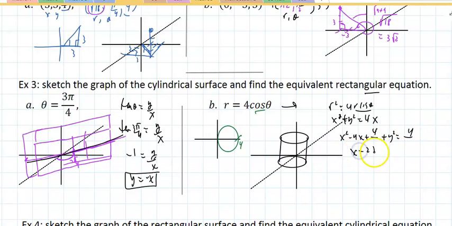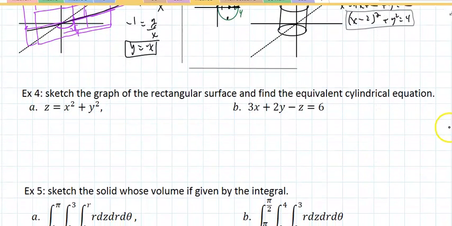And I'll get x minus 2 squared plus y squared equals 4. A circle with a center of 2, 0 with a radius of 2: 2 to the right, 2 to the left, 2 up, 2 down. There it is. So that's the equivalent rectangular coordinates: a circle centered at 2, 0 with a radius of 2. Alright.